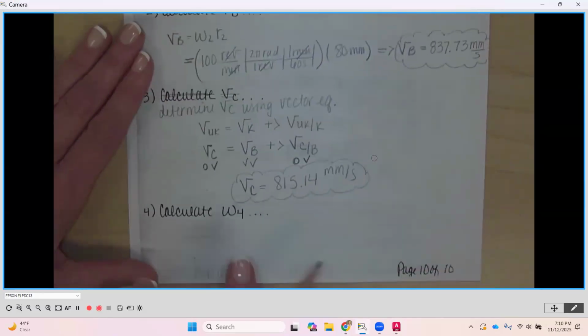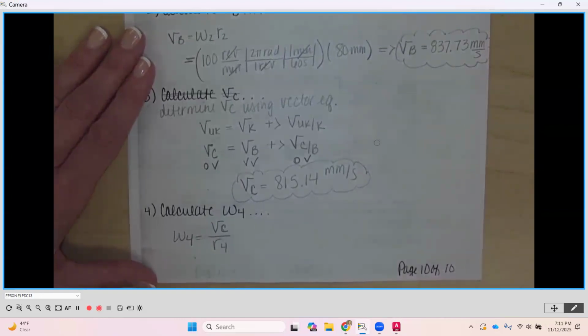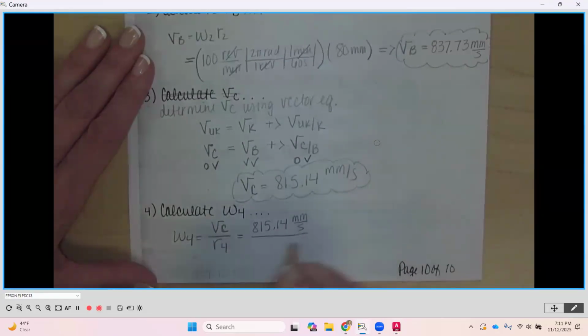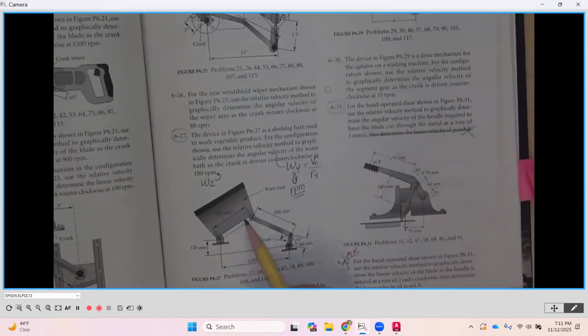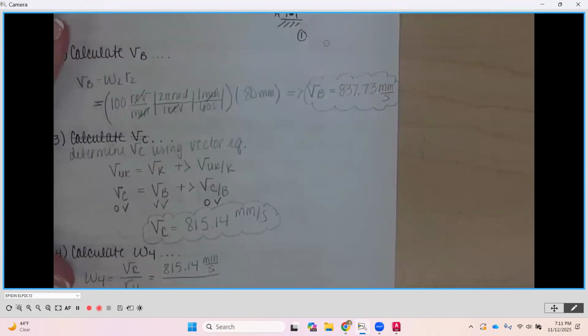So down here, to calculate W4, it is going to be equal to the velocity of C divided by the radius of link number 4, or the radius out to C. That's going to be equal to 815.14 millimeters per second divided by the length of our path, which was 720 millimeters.